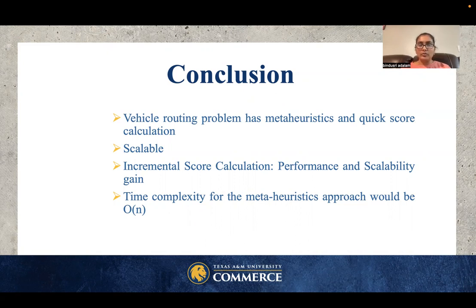Constraint streams and rules score calculation give this huge scalability gain without forcing you to write a complicated incremental score calculation algorithm. Also, the time complexity of recursive based approach algorithms is big O of 2 power n, whereas the time complexity of the metaheuristics approach, which we have used in this project, is big O of n, which is much better than the traditional method.